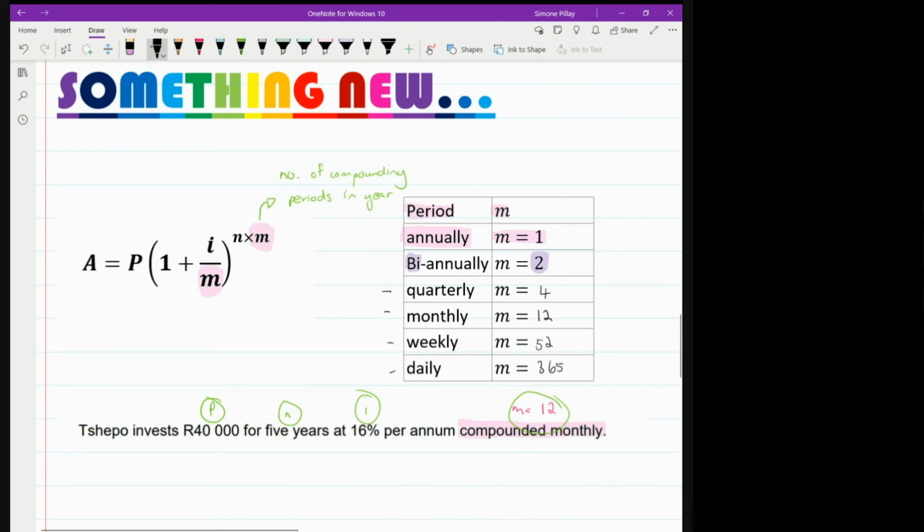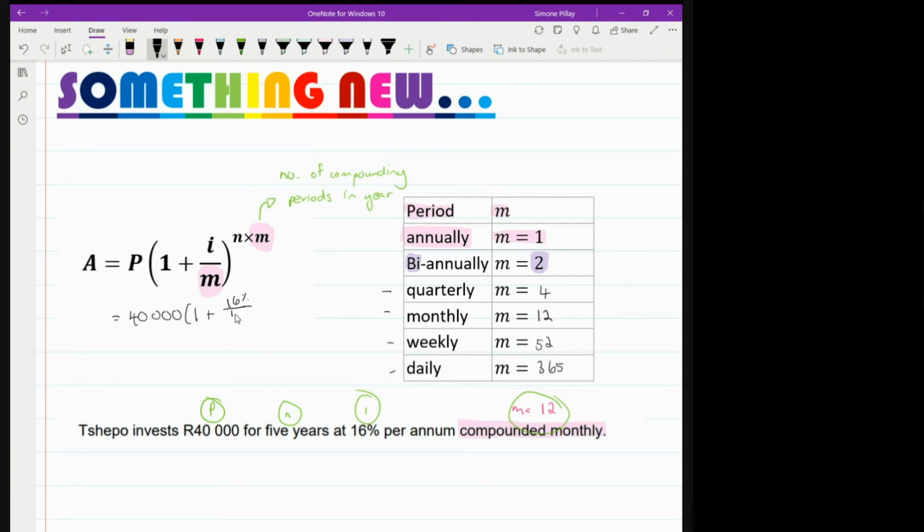So I'm not going to write out the formula again. I'm just going to go in here. This would be 40,000, 1 plus, and my I is 16, but not just 16, 16%, very important.